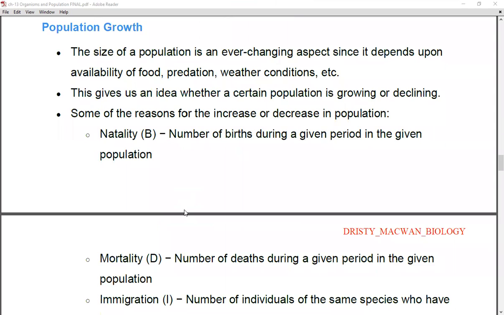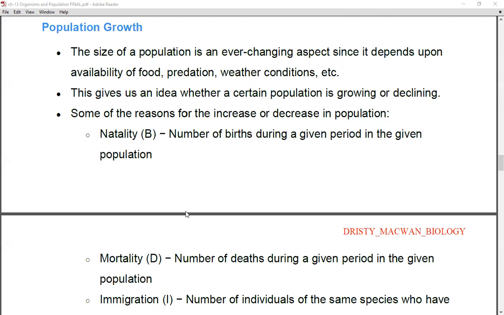In population growth, the size of a population is an ever-changing aspect, since it depends upon the availability of food, predation, weather conditions, etc. When a population is growing, it is not constant, it is changing every single day, but it depends on different criteria, right?